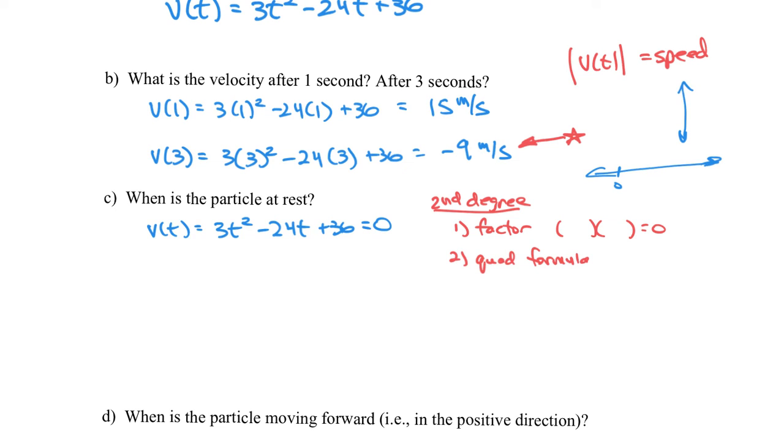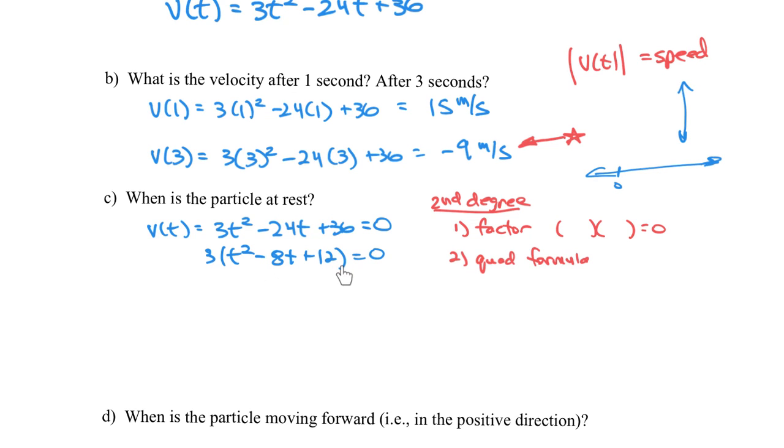So if we were truly just going to factor, I would factor this 3 and we get t squared minus 8t plus 12, and we would then factor this inside and we'd keep the 3. But for us, we're factoring as a means to an end. We want to solve this. So when I'm here, I really don't care to factor this where I keep the 3. We're solving it. So I can divide both sides by 3 right here.